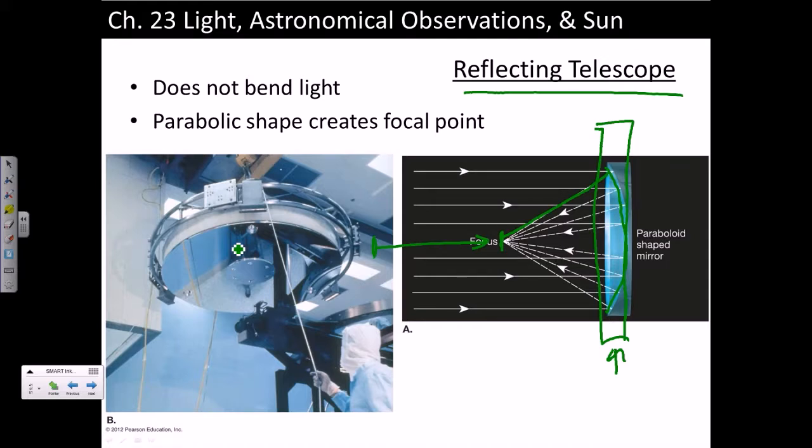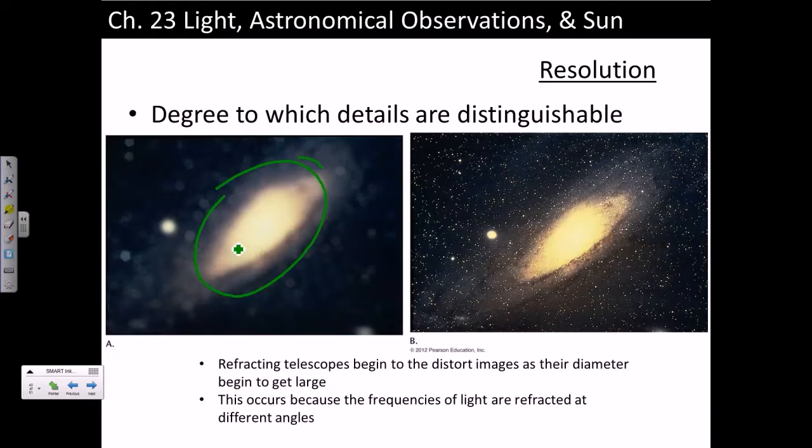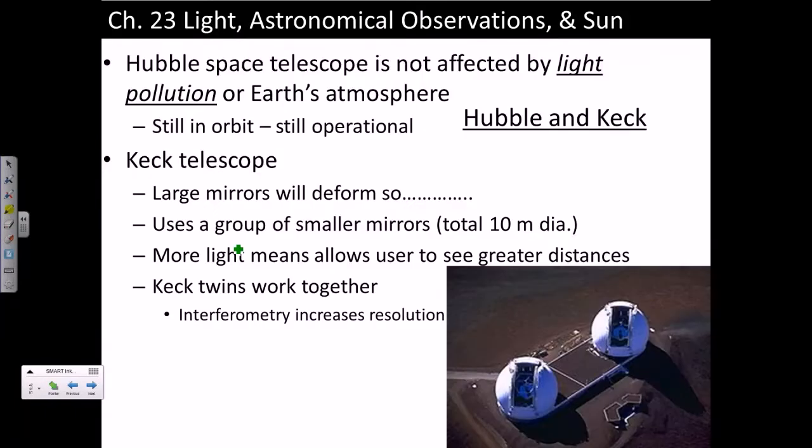The bigger the object, it begins to distort, begins to develop imperfections, and we lose the resolution because we don't get a tight meeting of all those ray paths that have come into the telescope and then bounced off of the mirror. And so we get, again, back to something like this where we don't get good focus on our telescope. So how do we get around the issue of basically an object starting to sag beneath its own weight?